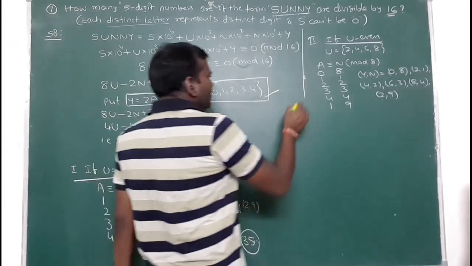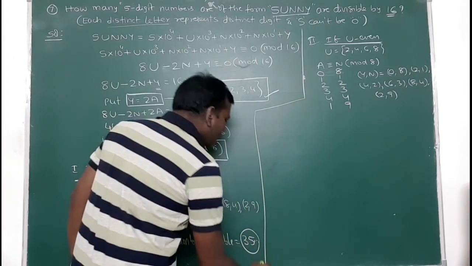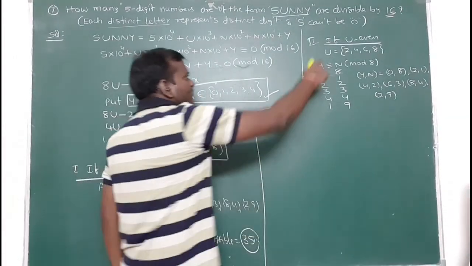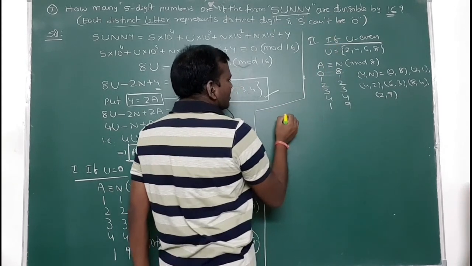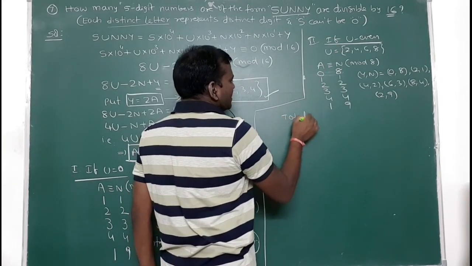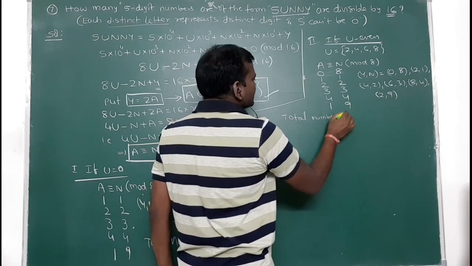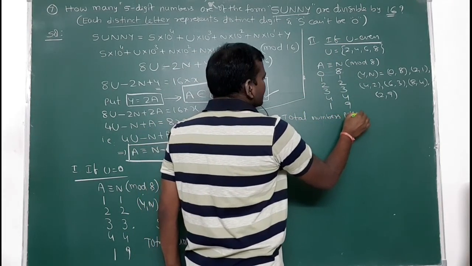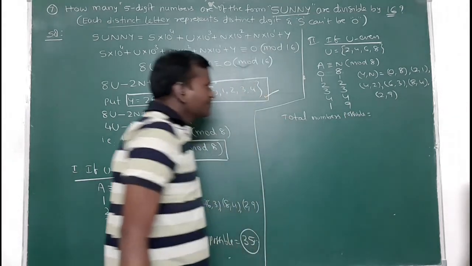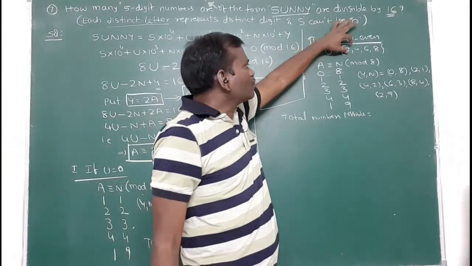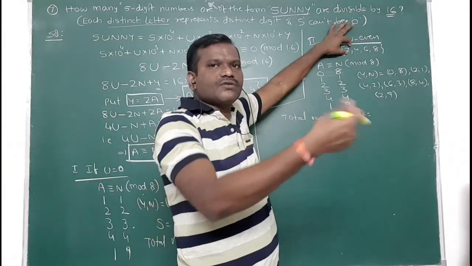So, total number of numbers I want. How many n are possible? If u is equal to 2, then I count the total numbers. See how I am counting; this counting is important. I fix u as 2.